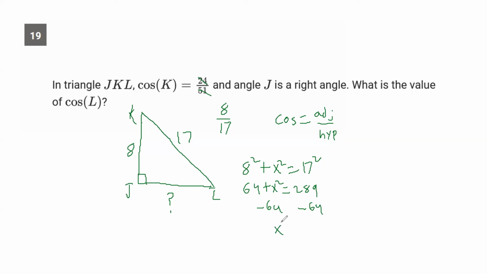And then you get x squared equals 225. And that means x is 15. And that means cosine of L equals 15/17, which could have been 45/51, but you want to simplify.